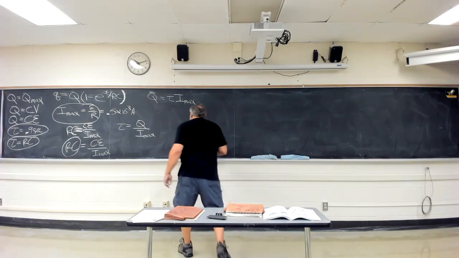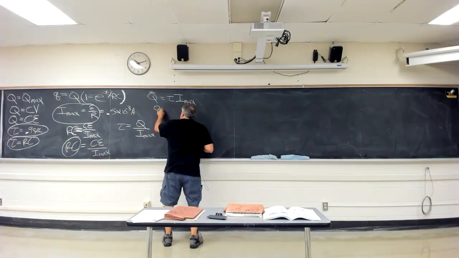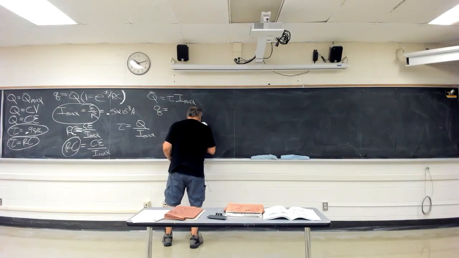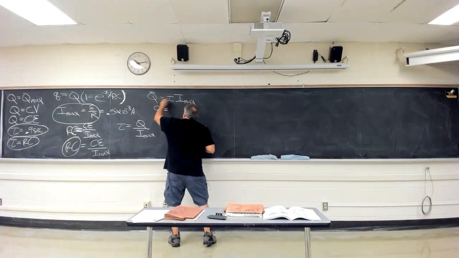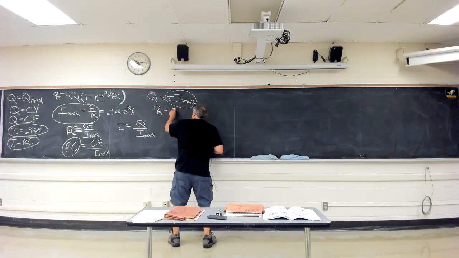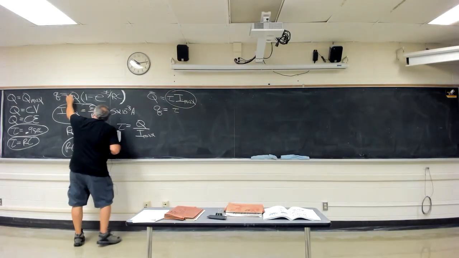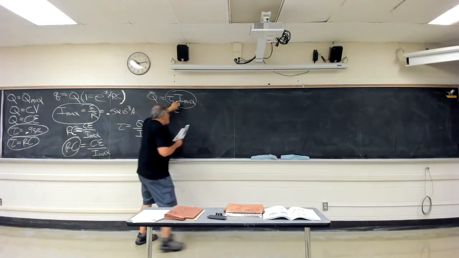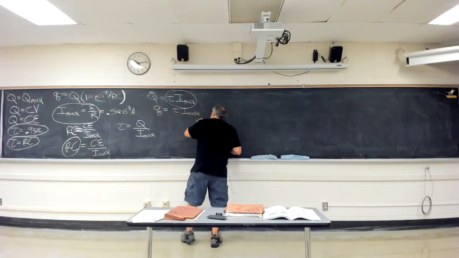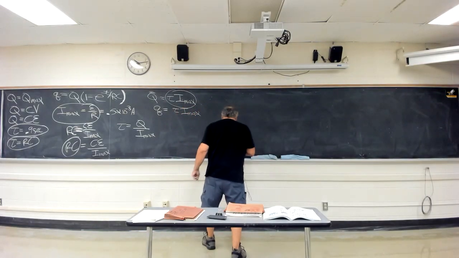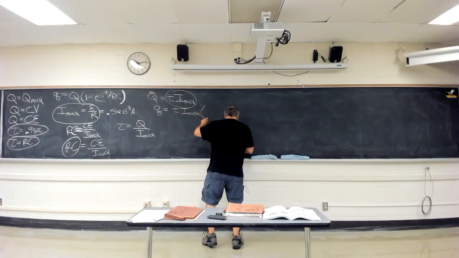Sounds good to me. Well, what do we have earlier, guys? We had little q equals big Q times 1 minus e to the negative t over tau. Yeah, true. The big Q is this. So rather than write big Q, put in place tau times Imax. It's a fascinating run at it, guys, I can tell you that.